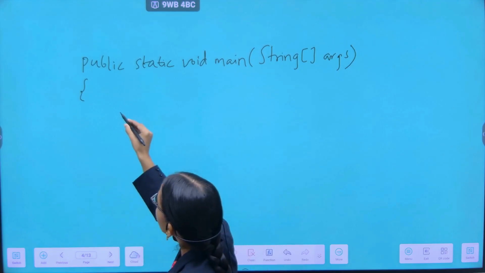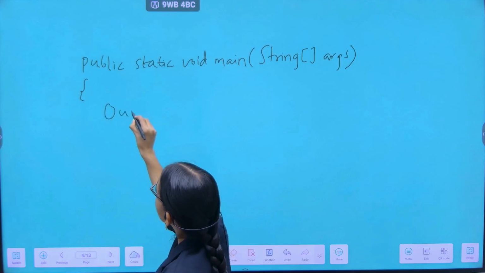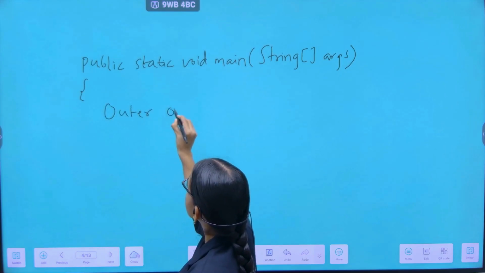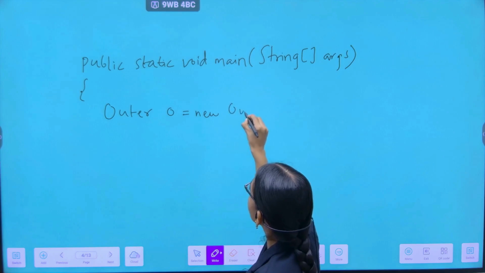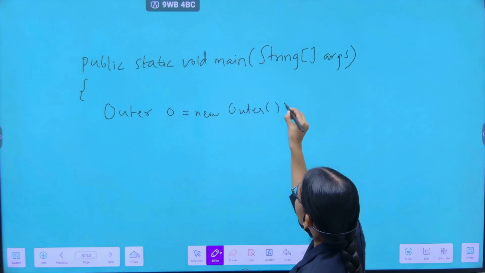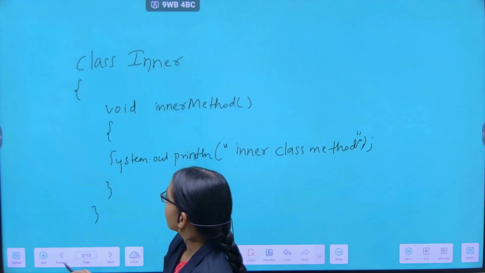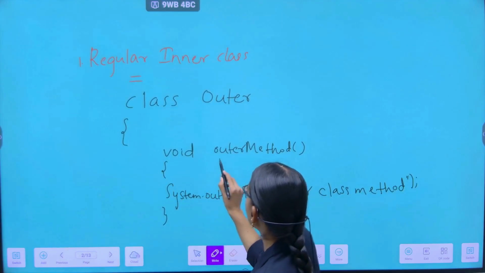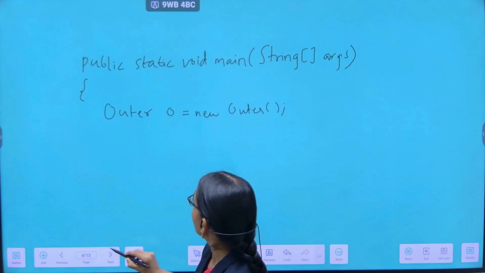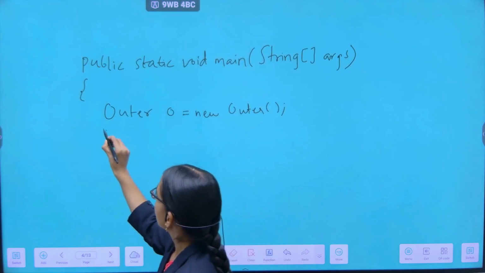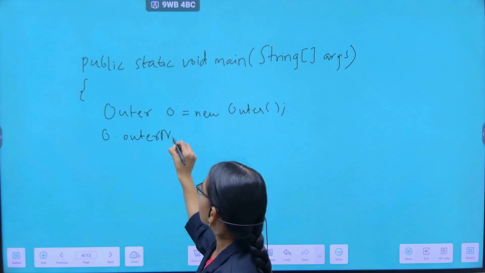Our outer class is named outer, and this instance is called o. Create it with the new operator: Outer o = new Outer(). Its corresponding method is defined as outer method, so access it using this instance: o.outerMethod().